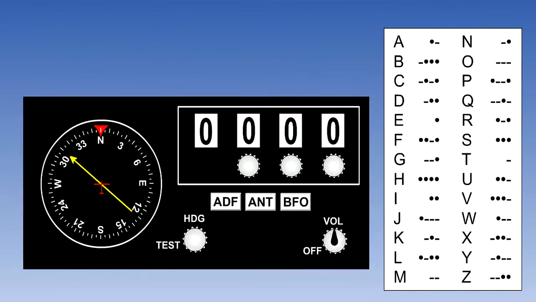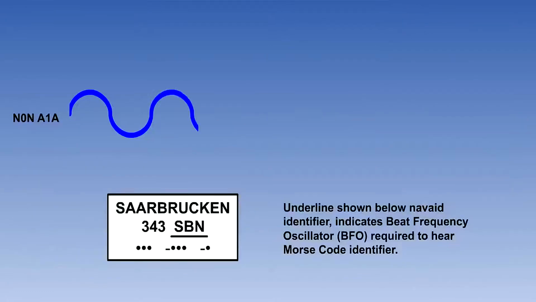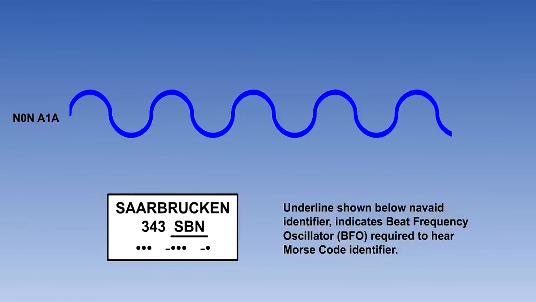Aviation charts contain the Morse alphabet. Pressing the antenna button deactivates the loop antenna and the audibility of the A2A identifier should improve, but the bearing information must obviously be disregarded. In some NDBs, the amplitude of the carrier wave remains constant, and therefore it is impossible to achieve an audible output from the receiver.